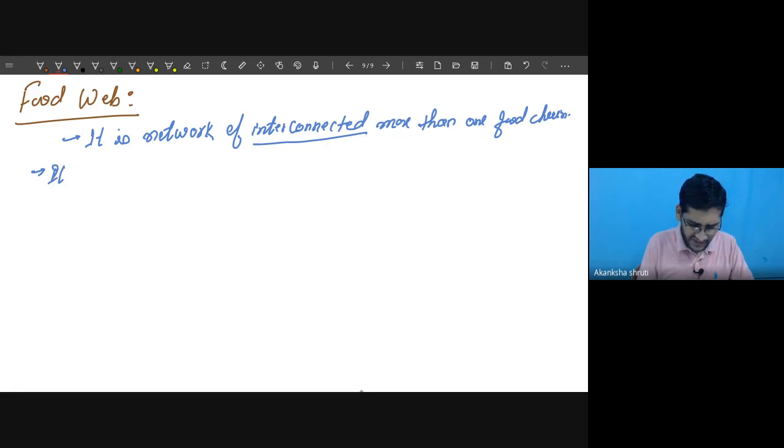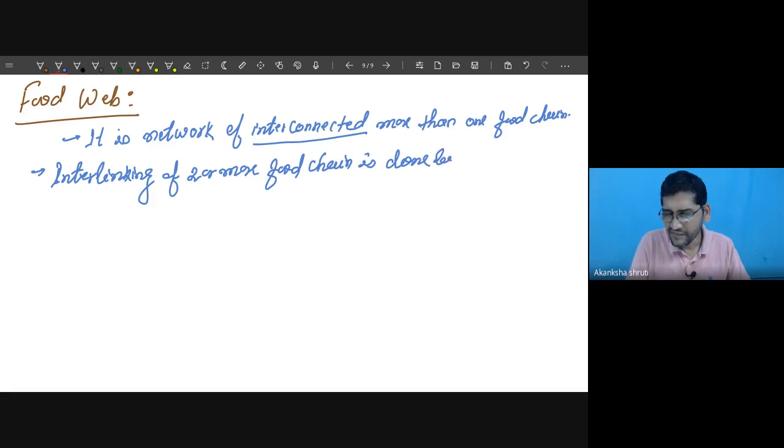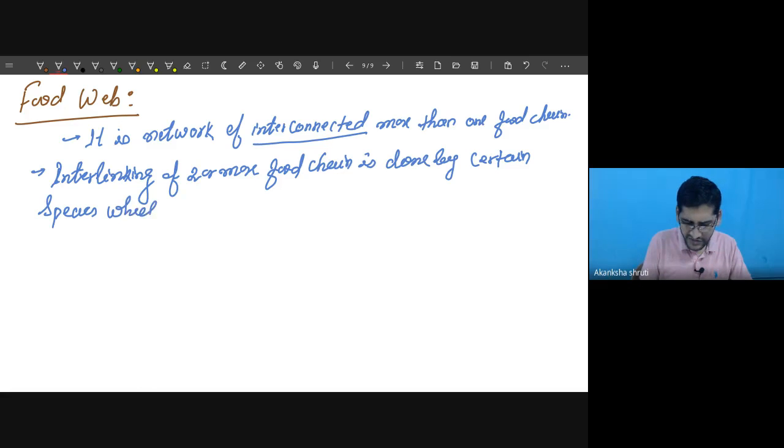So this interlinking or interconnection of two or more food chains is done by certain species which are common to different food chains.